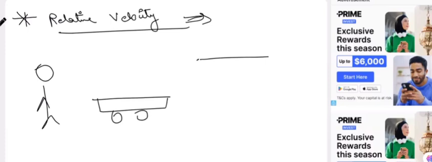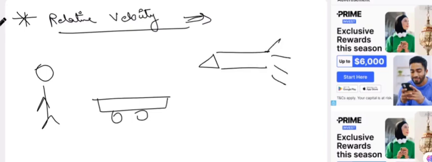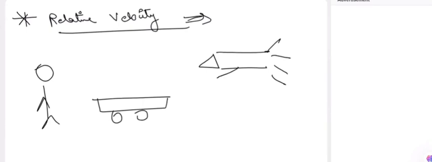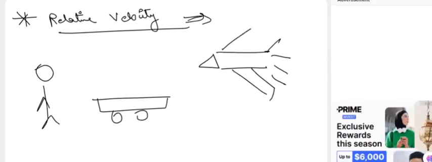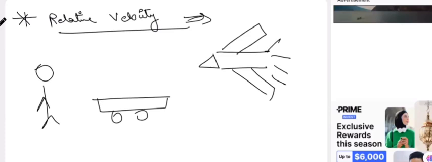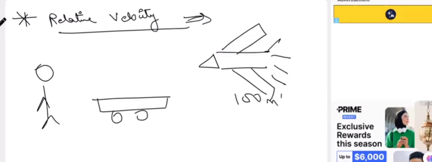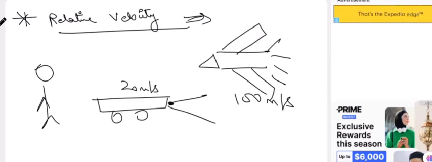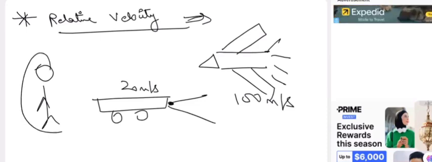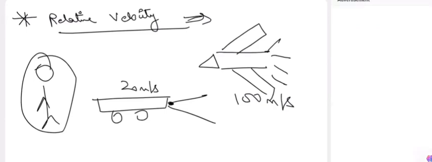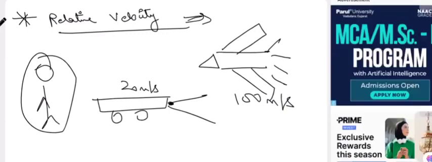My handwriting is thoroughly bad, but I hope you have understood. The plane is coming with a speed of 100 meter per second, the car is going with 20 meter per second, and it is throwing a flash of light. As per this person, the car is moving with 20 meter per second and the plane is coming with minus 100 meter per second. Correct or not?